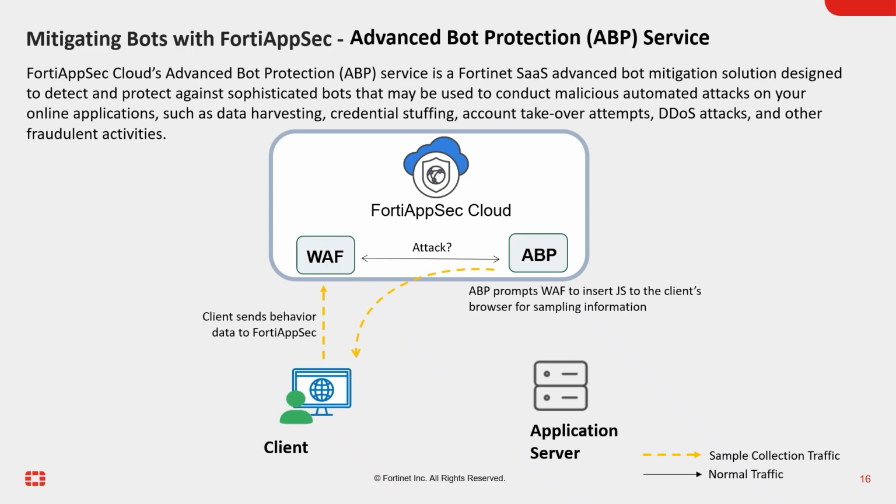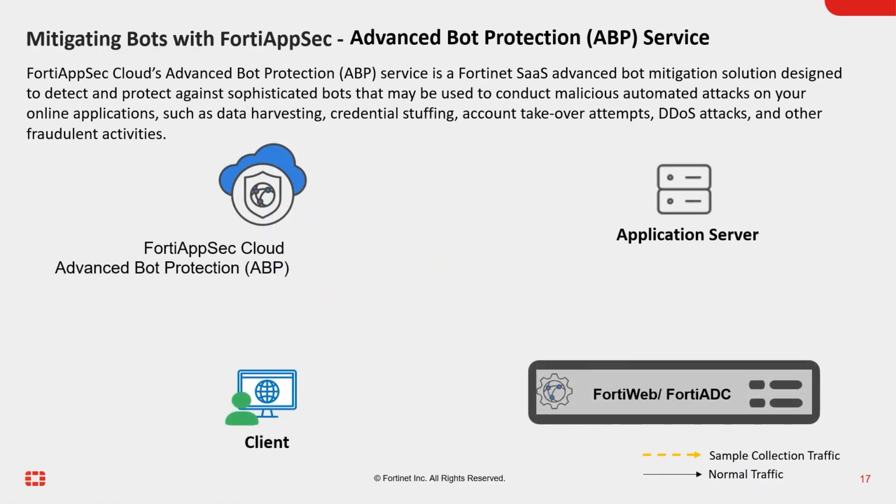Based on this evaluation, ABP returns a decision to the Cloud WAF, which then enforces the appropriate action. If ABP indicates that the client is legitimate, WAF performs its security check and then forwards the traffic to the back-end server. If the activity deviates significantly from the learned patterns, ABP flags it as anomalous and potentially malicious.